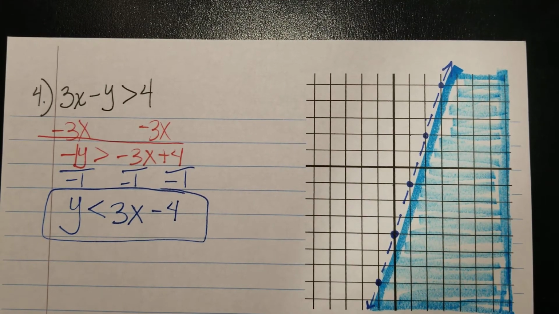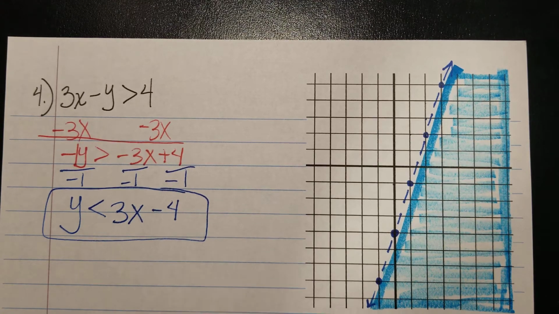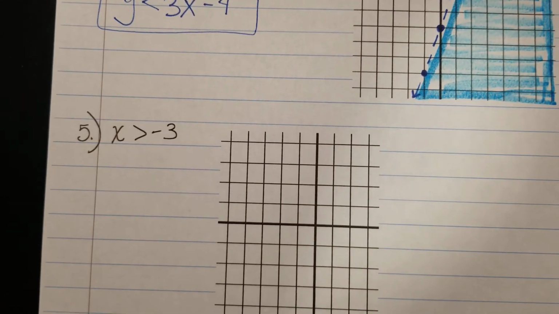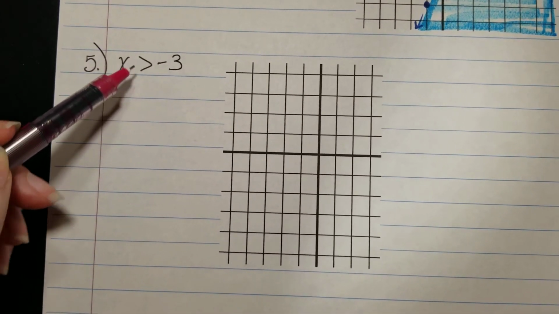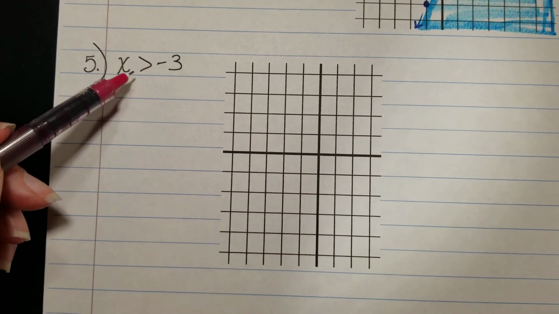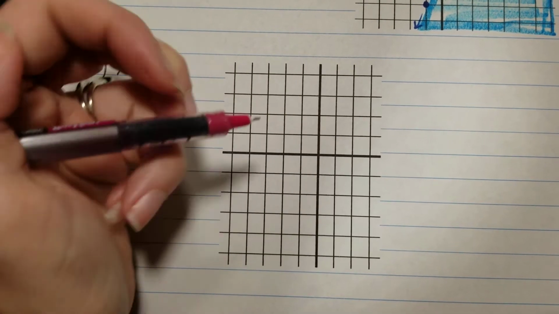Number 5. Okay, so x is greater than -3. That's going to be a vertical line at -3. It's strictly greater than, not greater than or equal to, so that's going to be a dashed line.